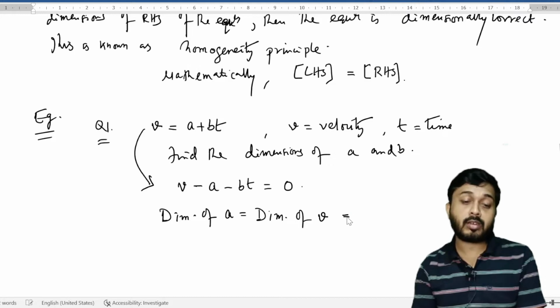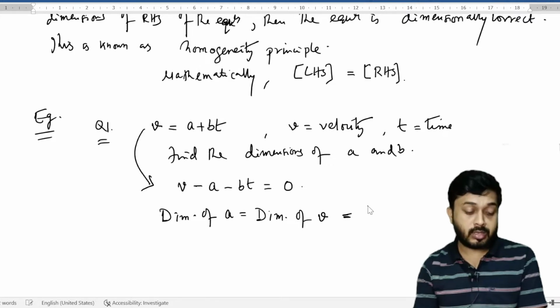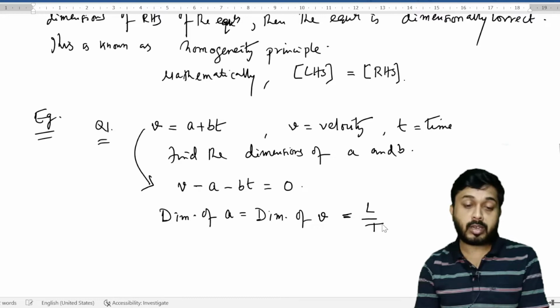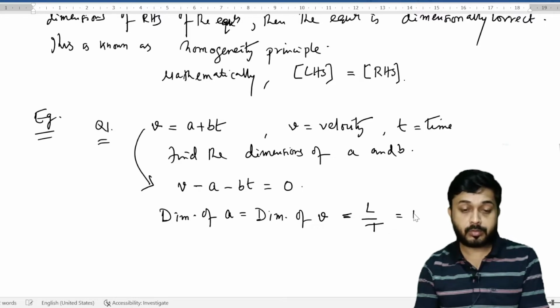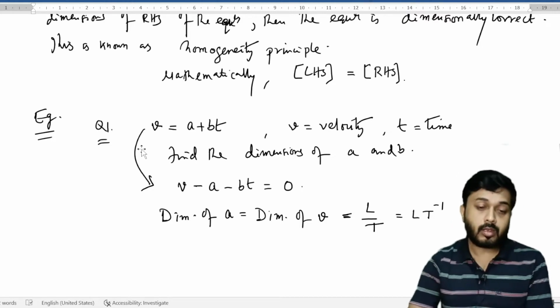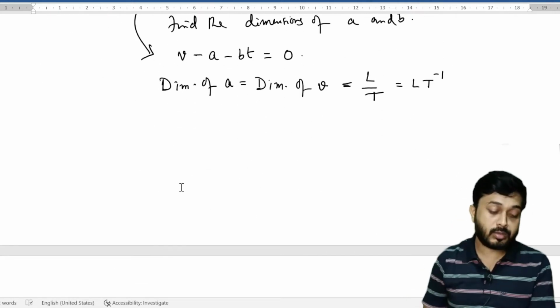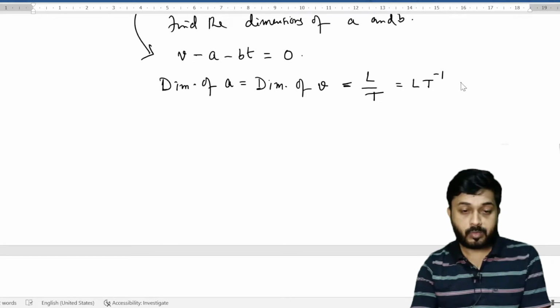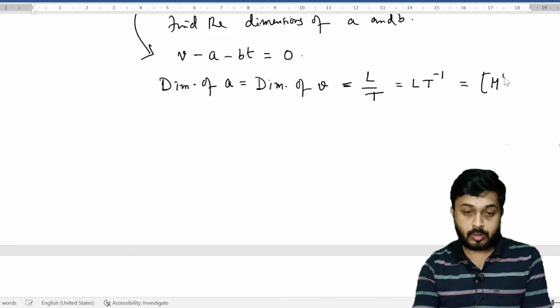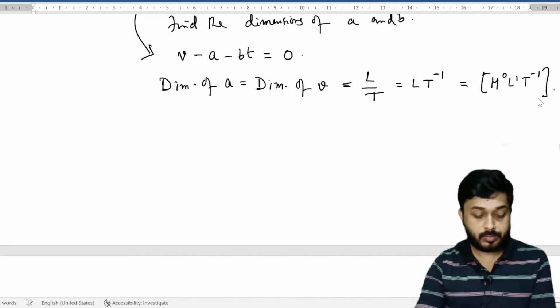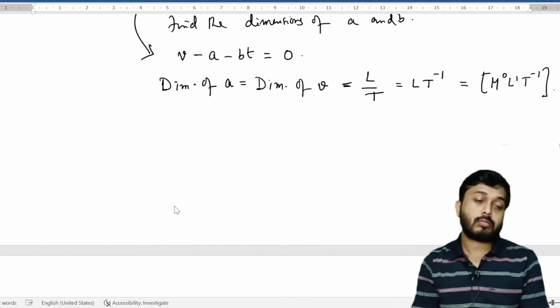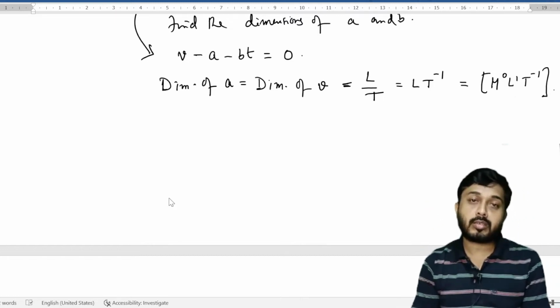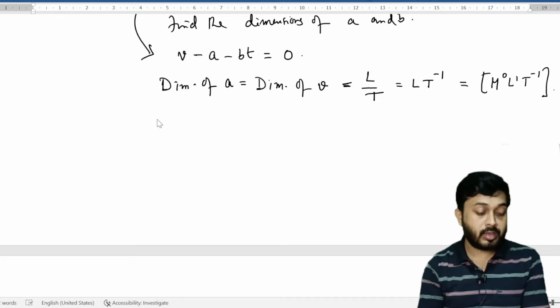It is given in the question itself, and velocity is nothing but L by T, or LT to the power minus 1, or M to the power 0, L to the power 1, and T to the power minus 1, isn't it? So the first part of the answer has come out, that is the dimension of A.